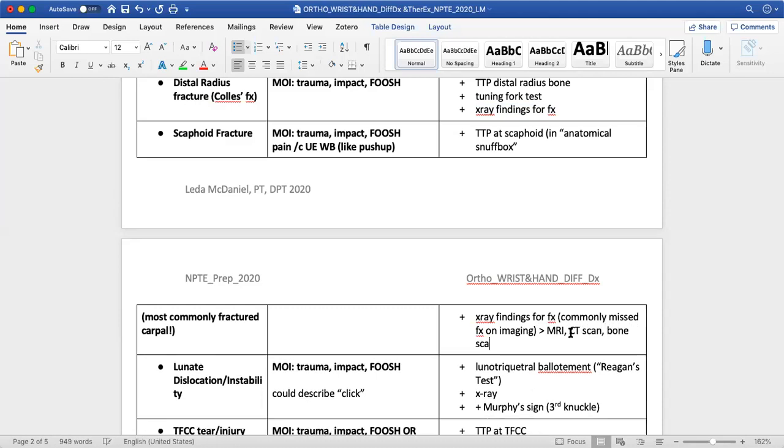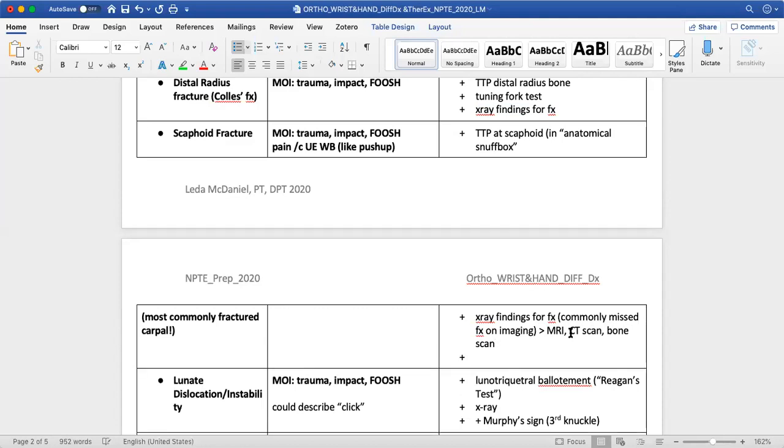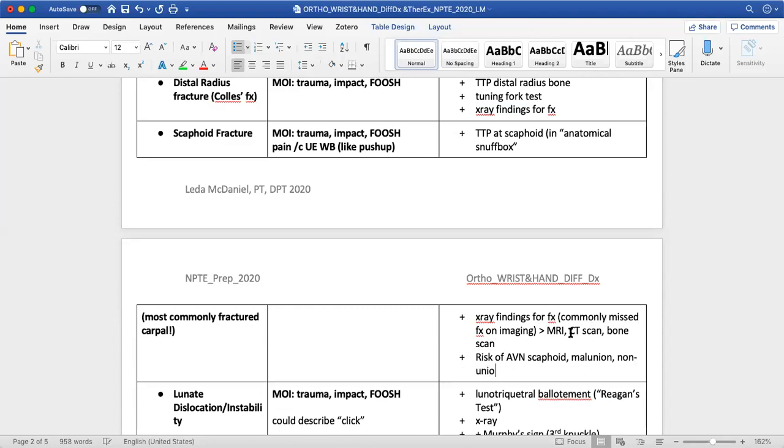And with these individuals, it's very important that this fracture gets identified, because there is the risk of avascular necrosis of the scaphoid, or malunion or non-union of this bone as it heals. So again, it's very important that this gets diagnosed, and if need be, there is surgical fixation to address this fracture.